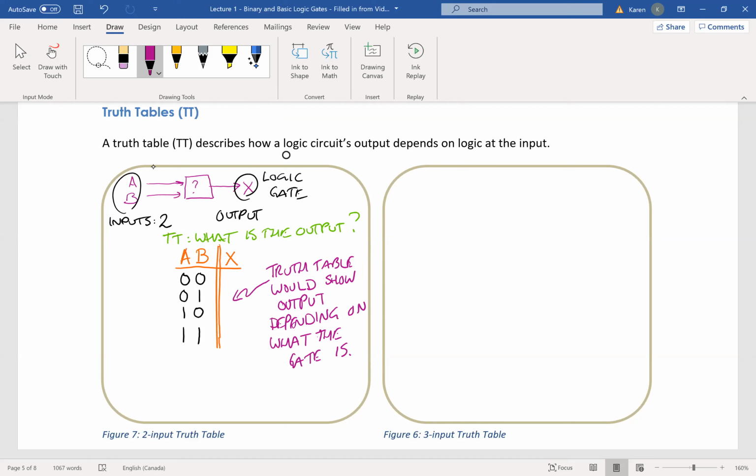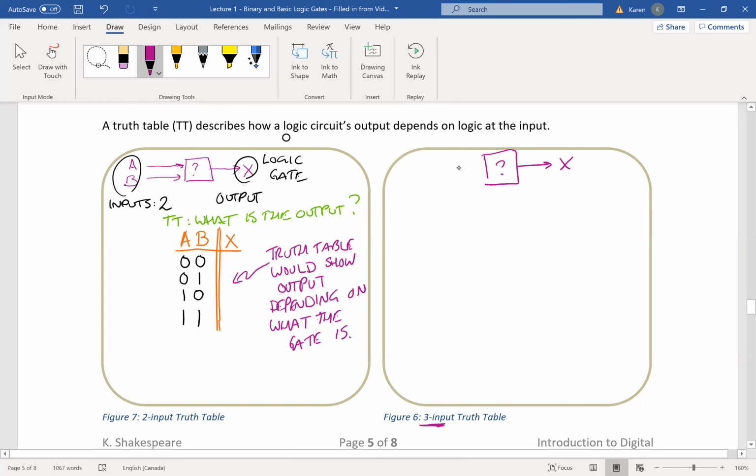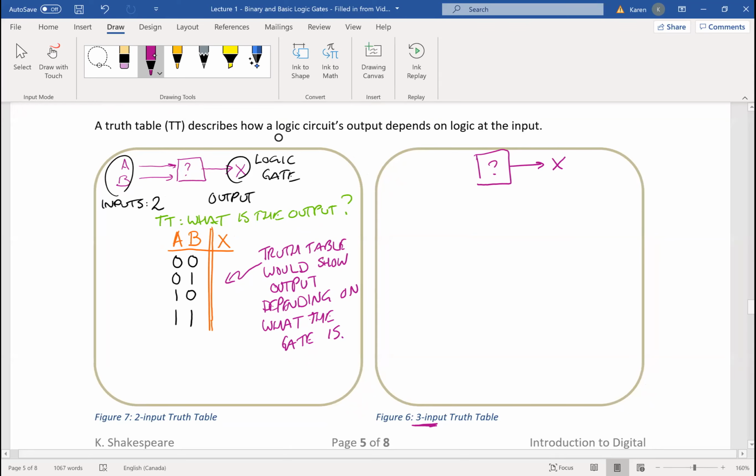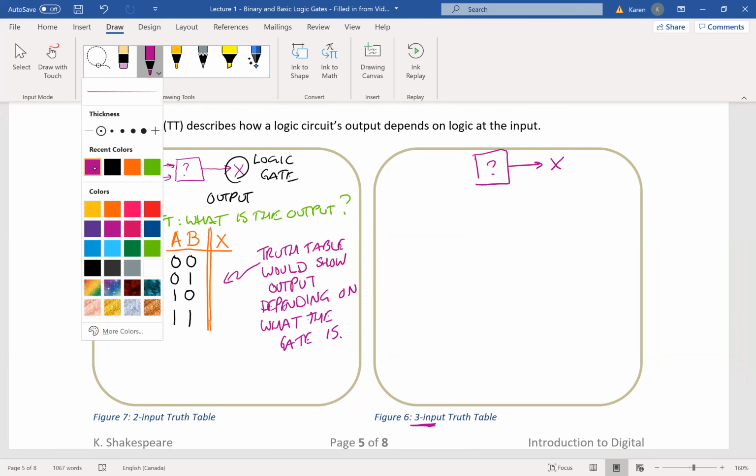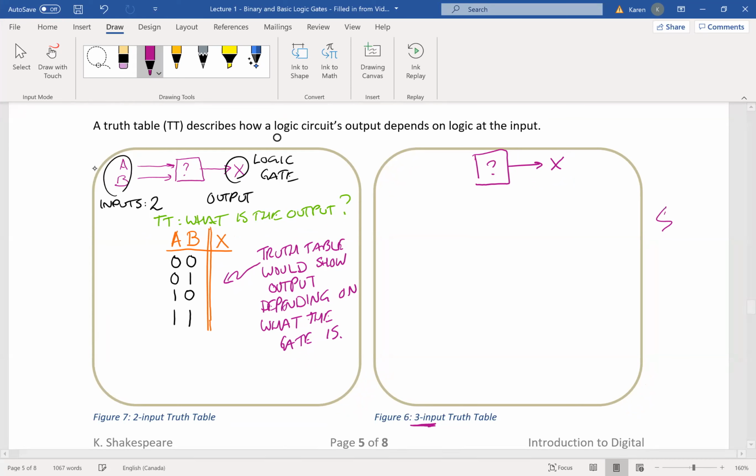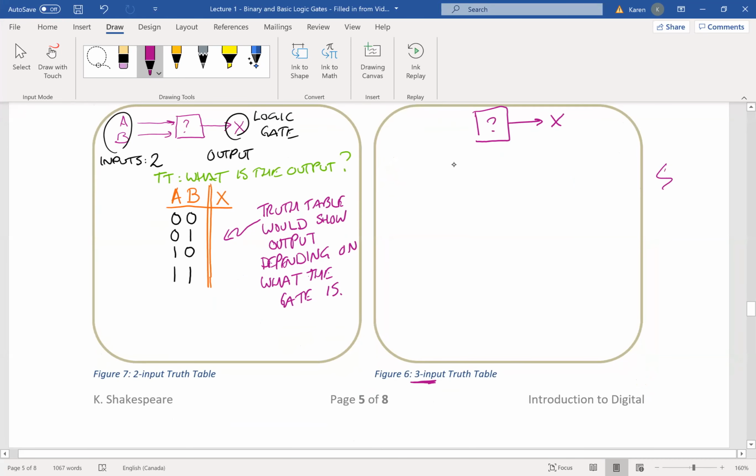So let's do another example of a 3-input truth table. For a 3-input truth table, let's say the gate looks like this. We don't know what it is. It's got an output X and it's got 3 inputs, the first input, interesting, I'm having trouble drawing on my screen.